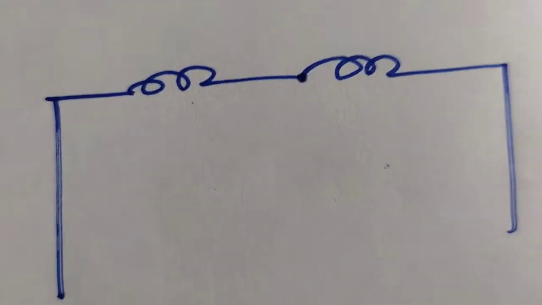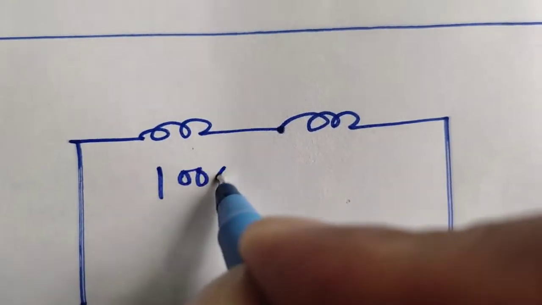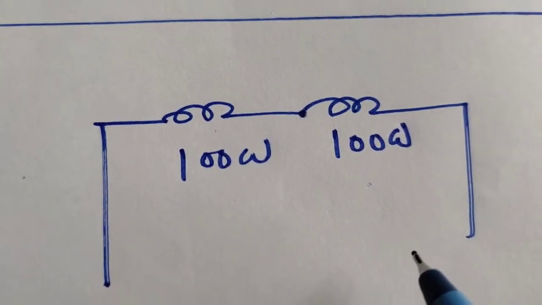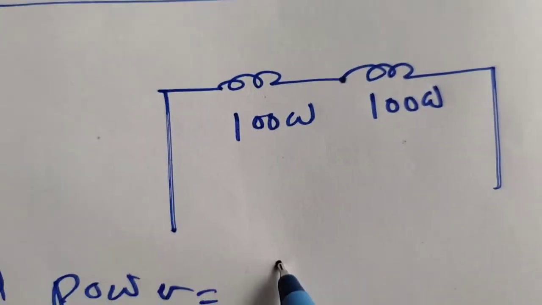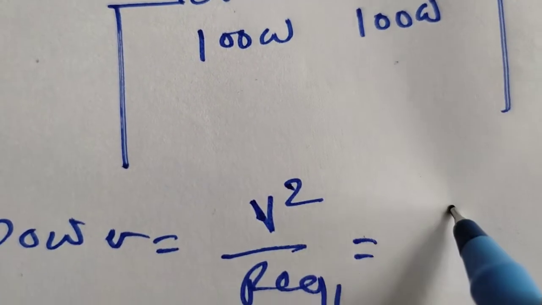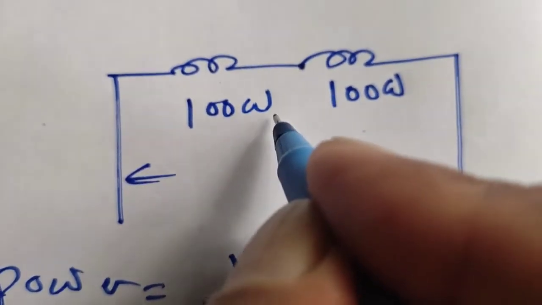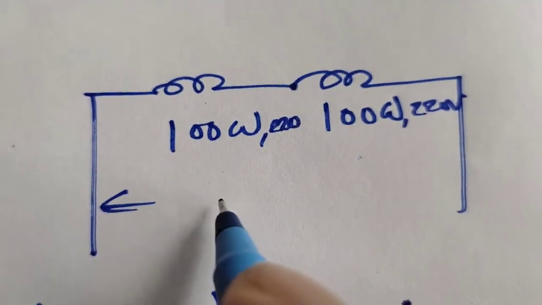Now let us see 100 watt bulbs in series. When 100 watt bulbs are connected in series, total power is equal to V squared by R equivalent. V is 220 volt.